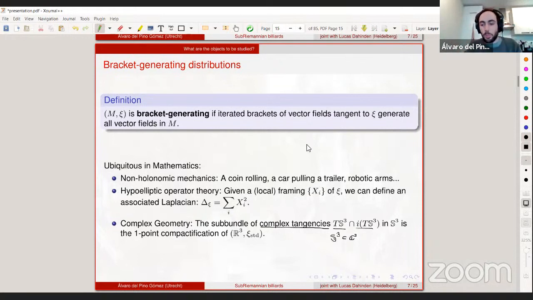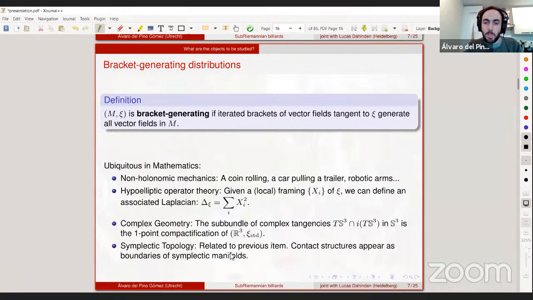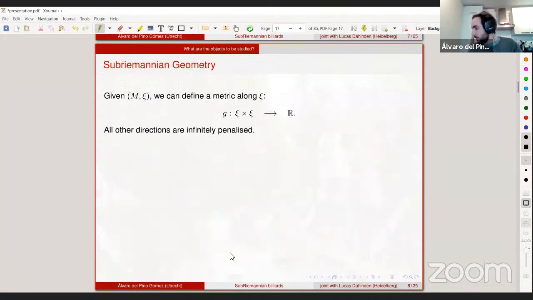And it turns out that properties of this manifold within the complex space are related to how the distribution behaves. And for a similar reason, distributions also appear as the natural boundary structure at the boundary of symplectic manifolds. But okay, let's move on to the point of the talk.